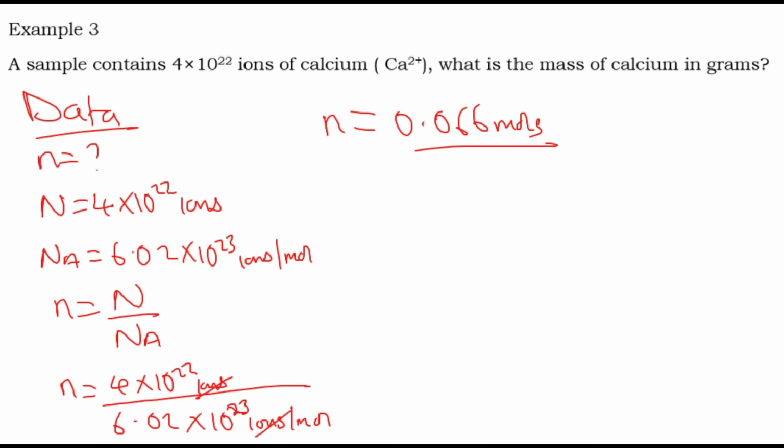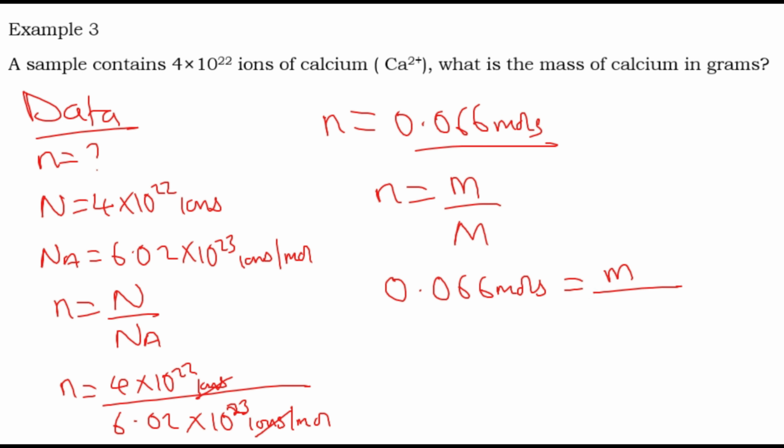So we can now use the formula number of moles is equal to mass over molar mass. Our number of moles is 0.066 moles. Molar mass of calcium: remember what we said, the mass number, which is 40. So mass number is equivalent to the molar mass. So 40 is equivalent to 40 grams per mole, so we add units, grams per mole.